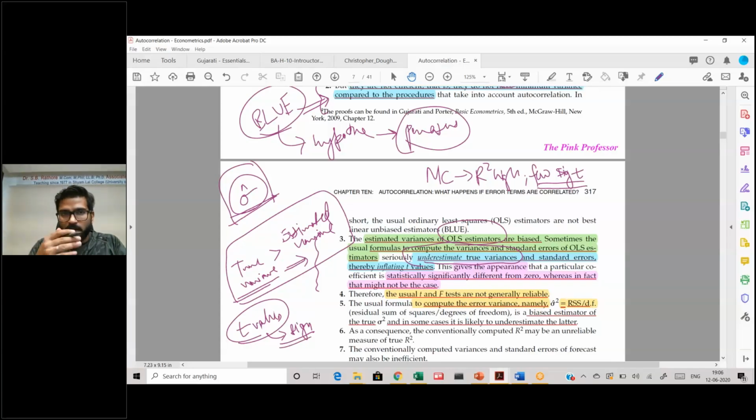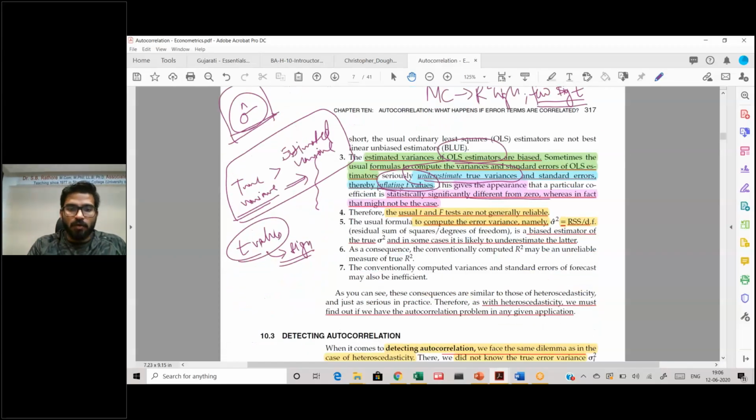When you see your regression analysis, you can actually see the difference: in case of multicollinearity you will have very high R square, whereas few parameters will be significant, whereas in case of autocorrelation you will find that your T values are inflated, and because your T values are inflated, most of your parameters will be significantly different from zero. However, that might not be the case. So you will be saying that you reject your null, however you might be making that error.